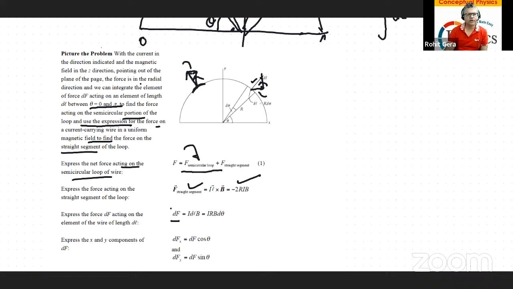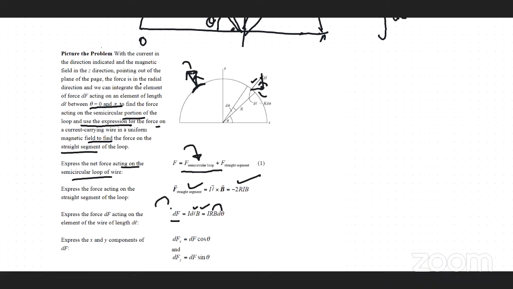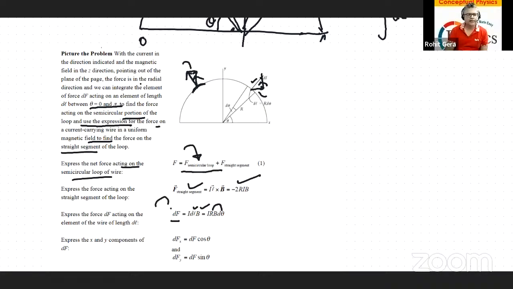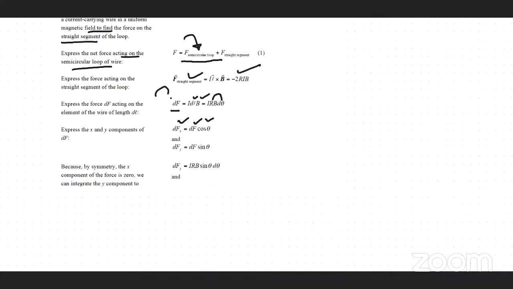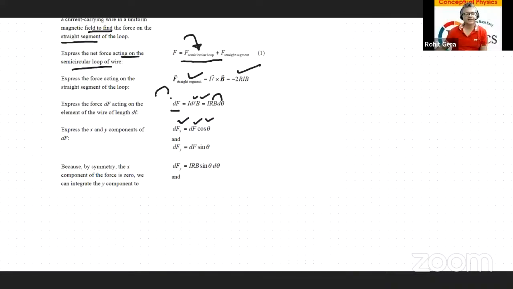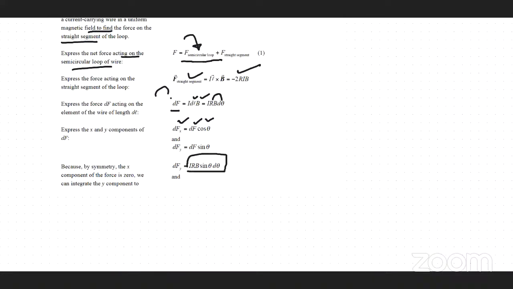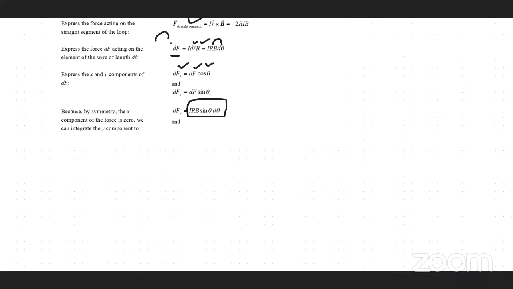In a semicircular loop, dl cross B, which is equal to, dl is equal to r dθ, and the force is dF cos theta, the radial force. And you know on the x-axis it is getting cancelled, this is getting added.